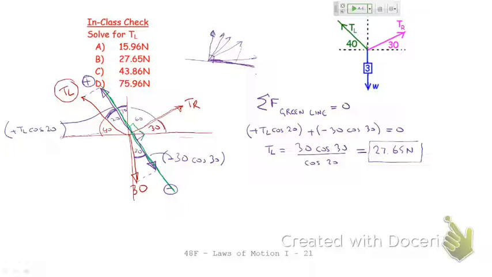Yes? Excuse me. I didn't understand when you said you have to choose which one is positive and which one is negative. Oh, so it does not matter. Is it positive because it's upwards? Well, yeah, but it's also to the left, so you could argue it should be negative.